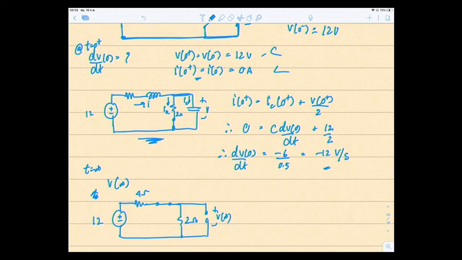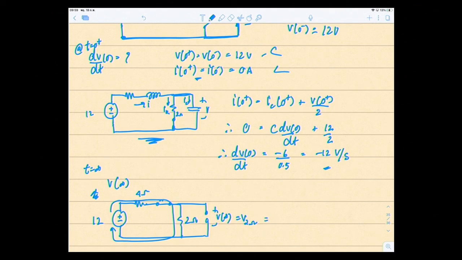Look at this picture. V at infinity is nothing but V across the 2 ohms. The current flows out of the 12 volt source, goes through 4 ohms, and goes through the 2 ohms like this. It's just one loop. Having things connected in series, you can use voltage dividers.